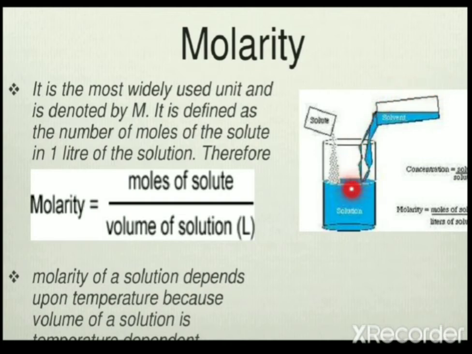This is called the molarity. Molarity is equal to the moles of solute divided by the volume of the solution in liters. And the molarity of a solution depends upon the temperature, because the volume of the solution increases with temperature and the molarity of the solution decreases.